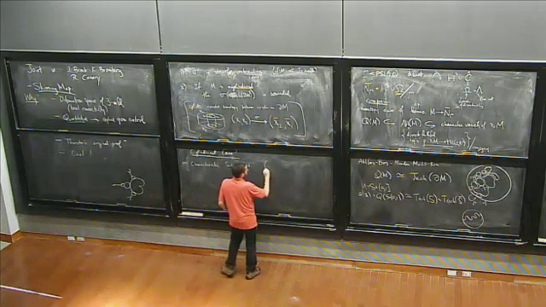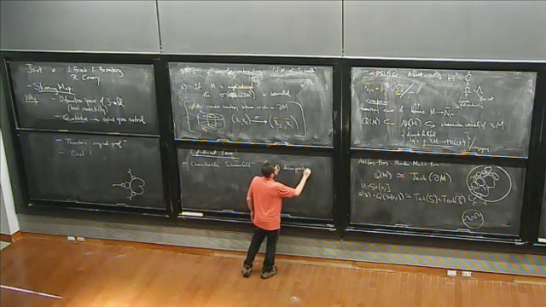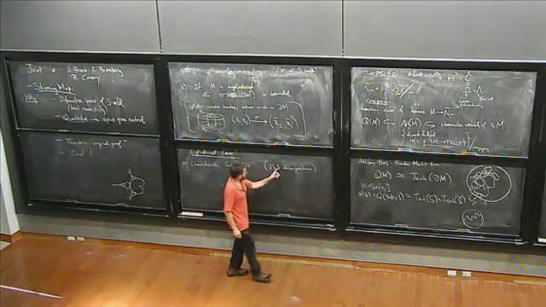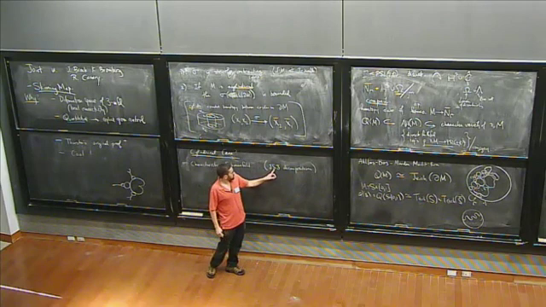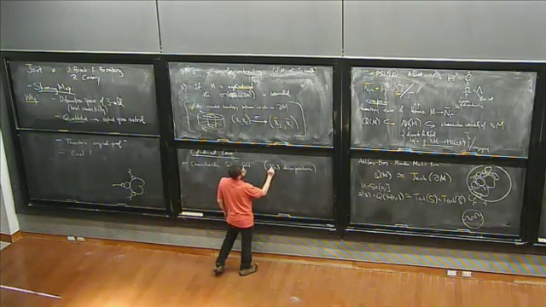This is also known as part of the JSJ decomposition of a three-manifold. The J, S, and J are Jaco, Shalen, and Johannson.